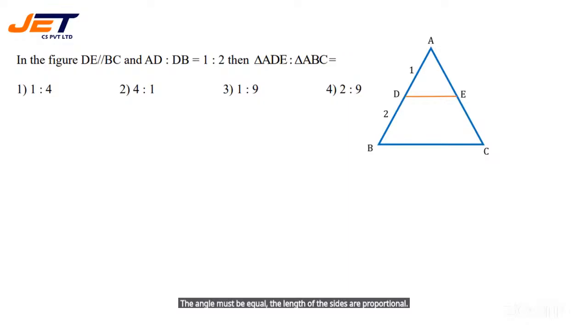All right, now see here, if the figure DE is parallel to BC and AD is to DB is equal to 1:2, then triangle ADE is to triangle ABC is dash.